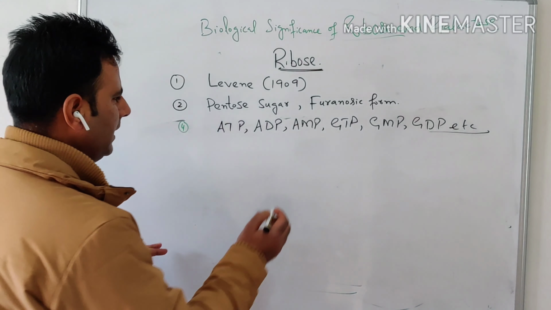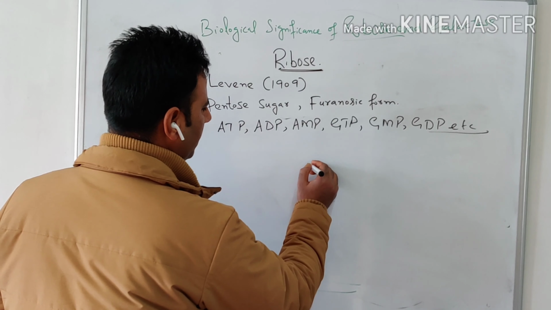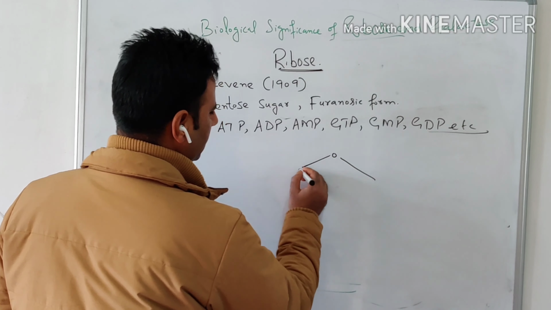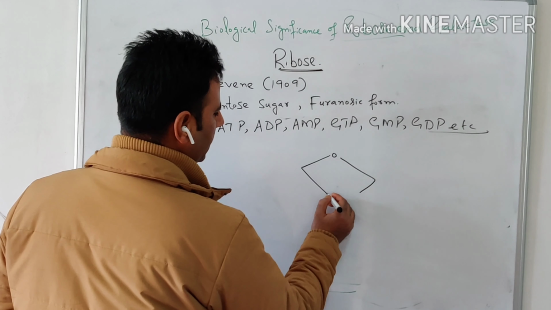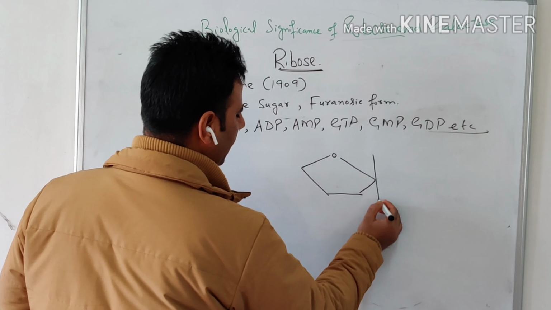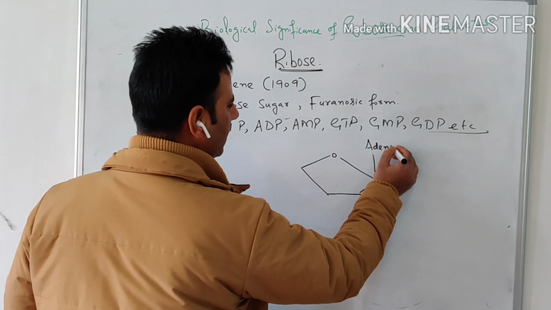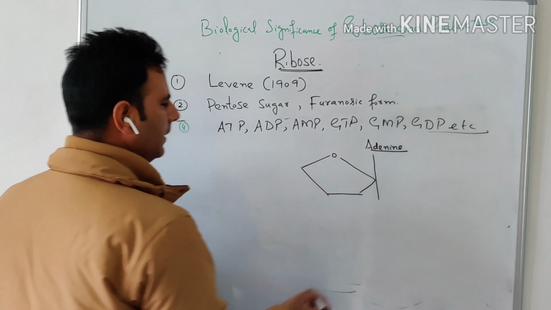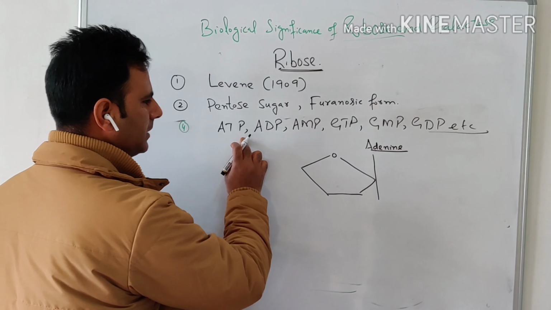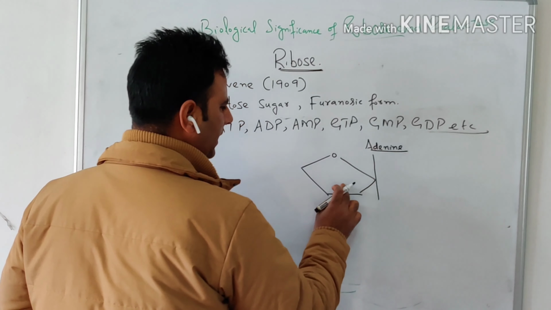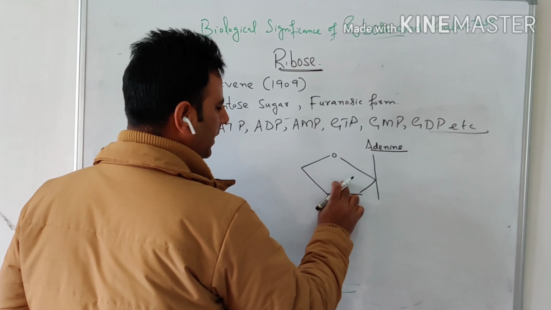This is our ribose. This ribose is attached to, for example, adenine. When I say ATP, adenosine triphosphate, the adenine is attached to the sugar, and the sugar is ribose.